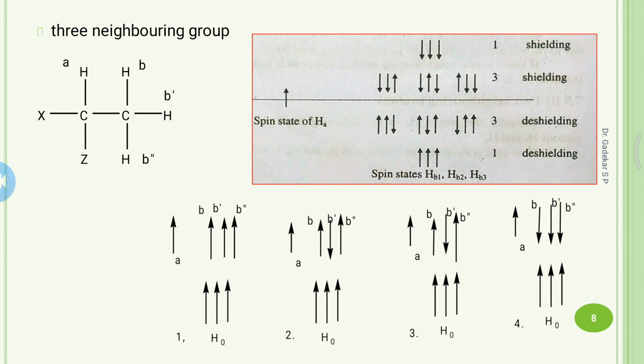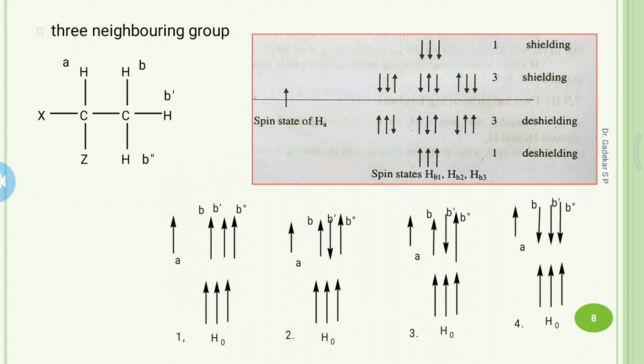Second, A and B spins are parallel with the applied magnetic field, but B dash is anti-parallel, and B double dash is parallel. Third, A is parallel, B is parallel, B dash anti-parallel and B double dash parallel.